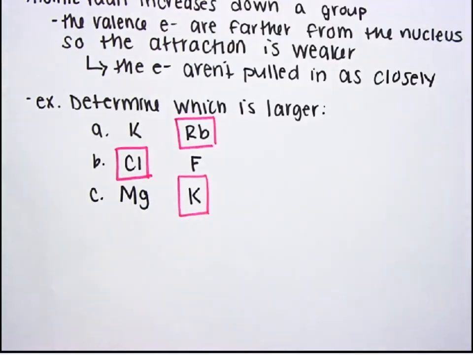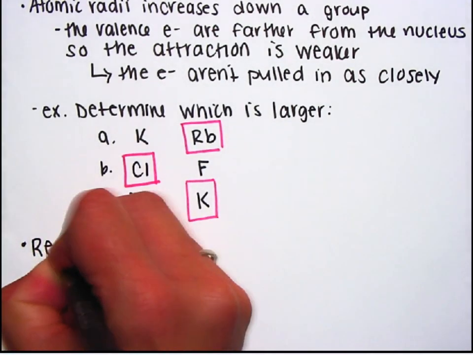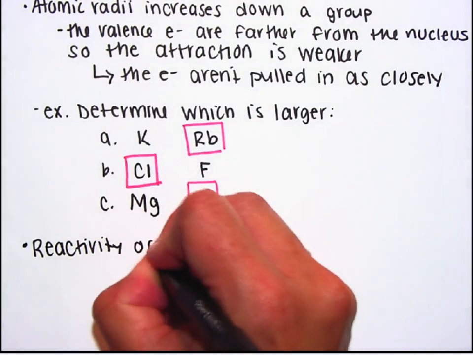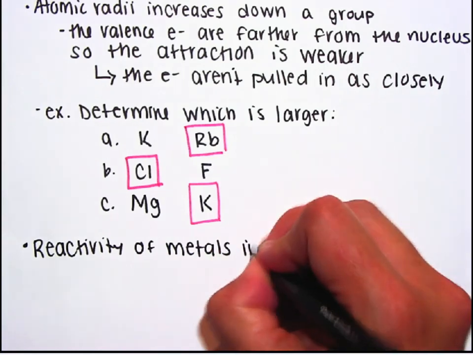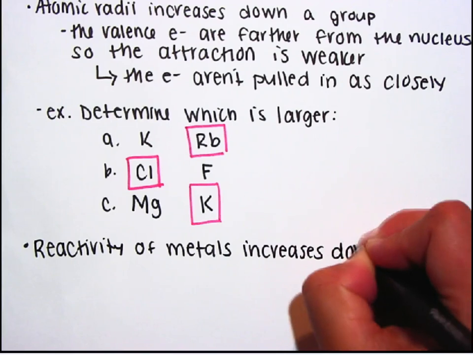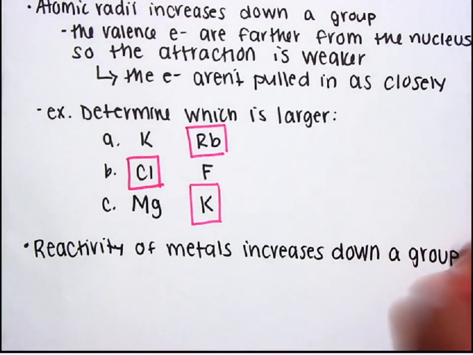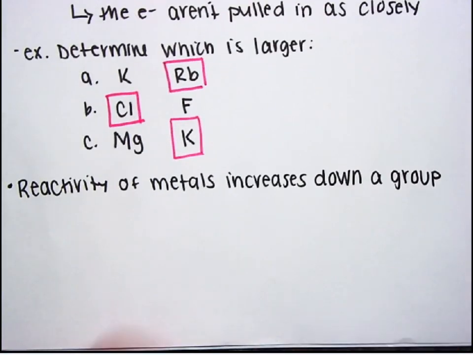The next trend we are going to look at is reactivity. Reactivity of metals increases down a group.